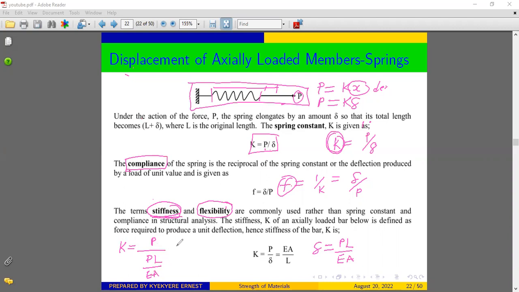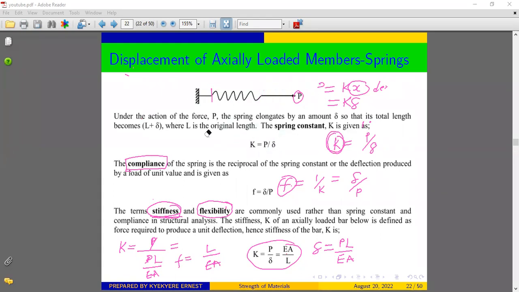This P will cancel this P, and the reciprocal of this will give us what we have here. Therefore, the flexibility, which is also called the compliance, will be the reciprocal of this, which will be L over EA. So that is all about springs which are loaded with axial forces.